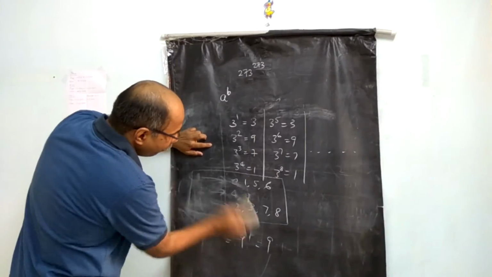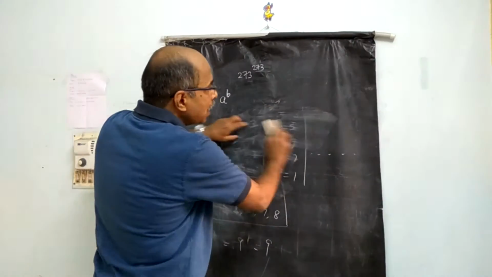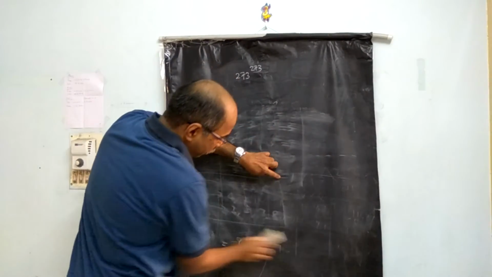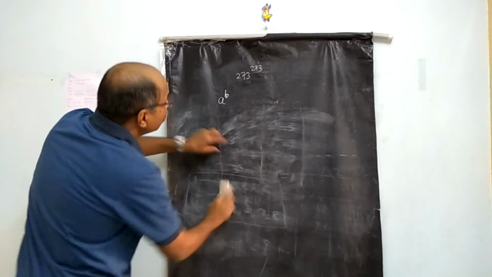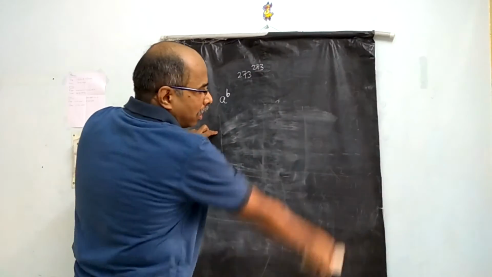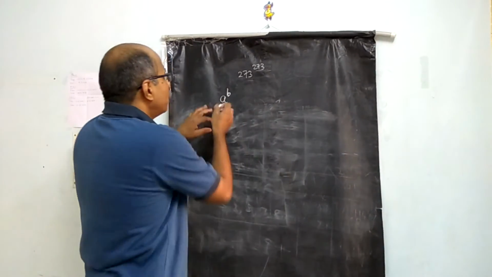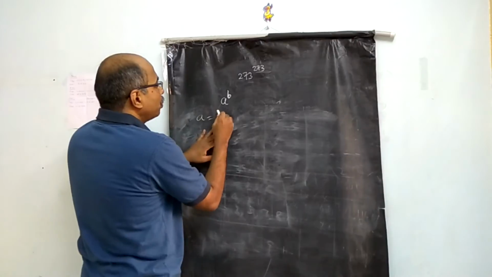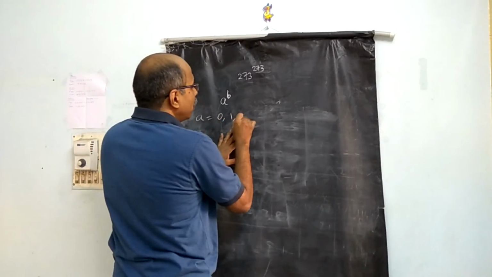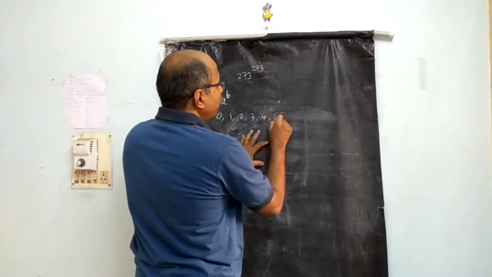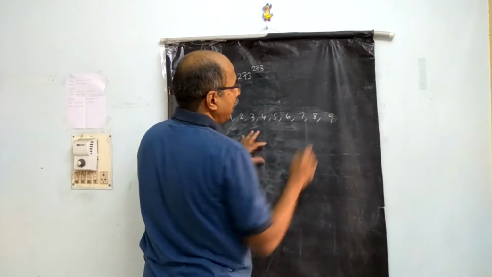Now we are going for calculating the last two digits of a power b. Before solving this problem, let us look at some of the basics. Let us say a can be equal to 0, 1, 2, 3, 4, 5, 6, 7, 8 or 9.